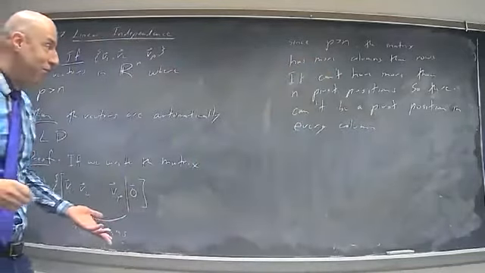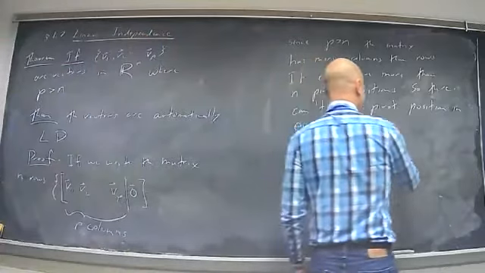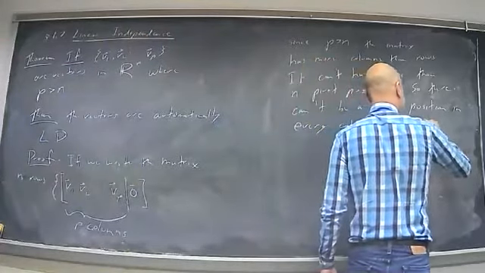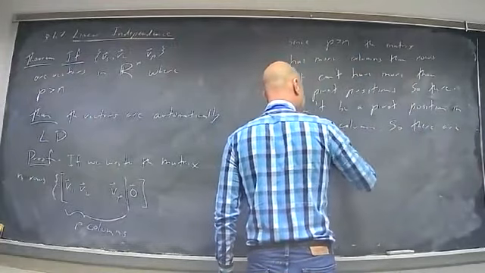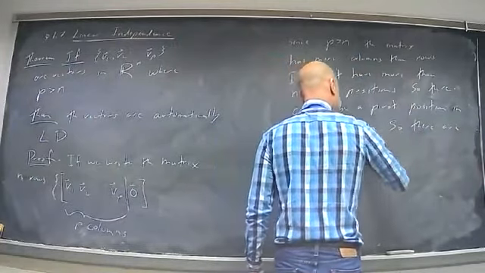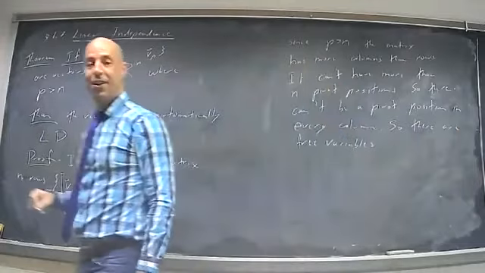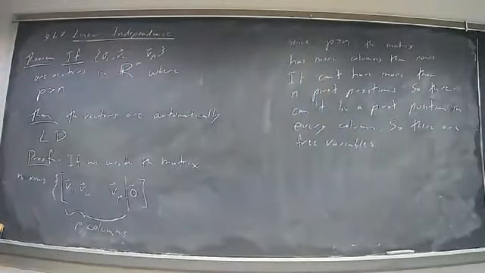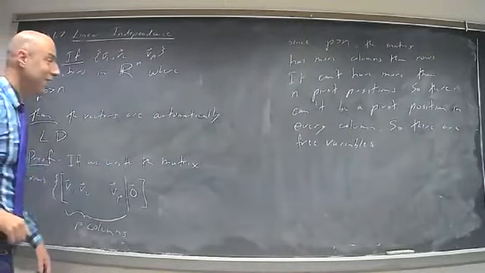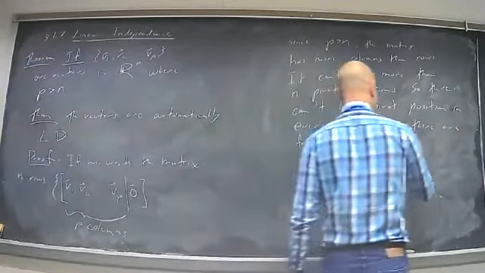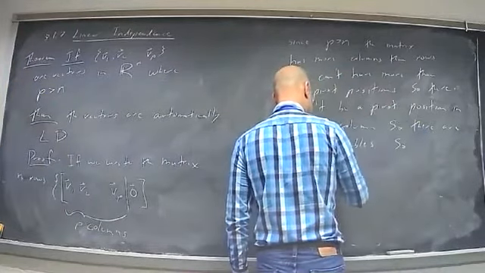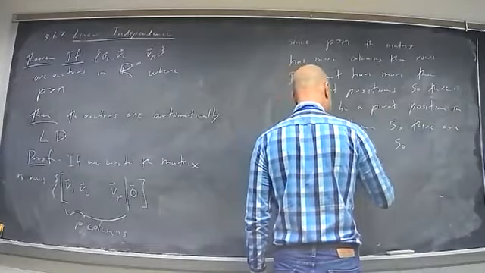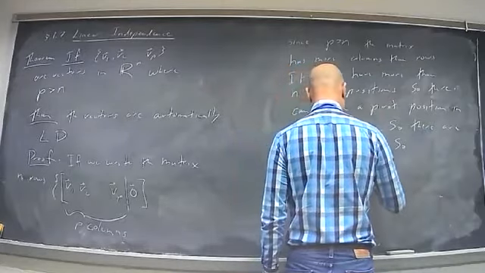So there are free variables. We already know if there are free variables, these column vectors are linearly dependent, because there are other solutions besides the zero solution.